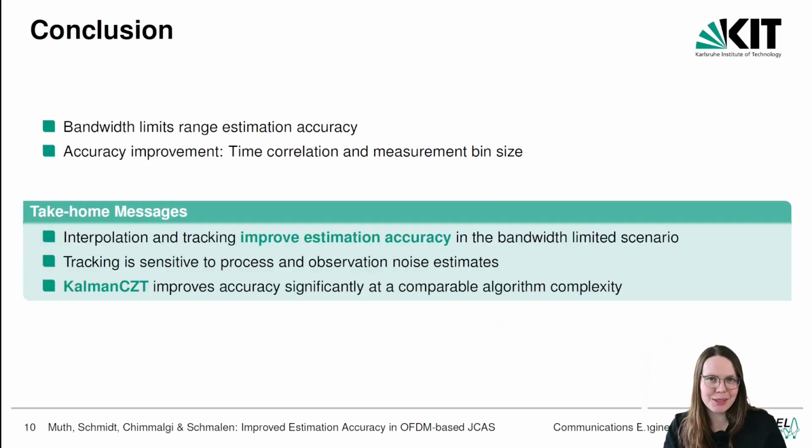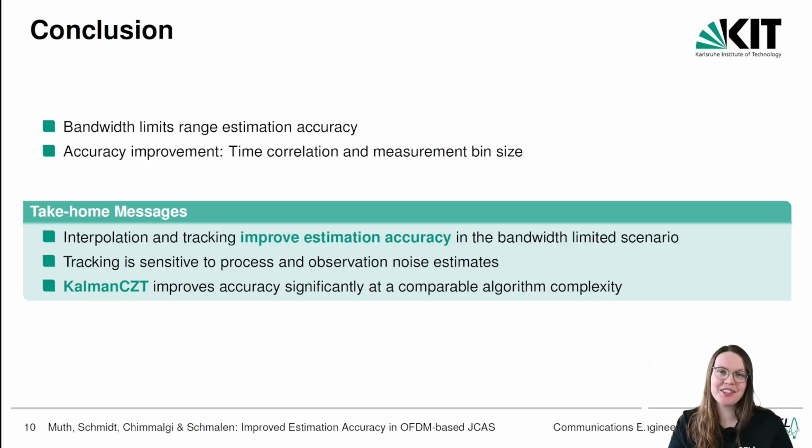So that already brings us to the end. As a conclusion, we had the scenario of a bandwidth limit limiting our range estimation. And we had 2 options for accuracy improvement. First, using the time correlation between samples, aka tracking, or changing the measurement bin size by performing interpolation.